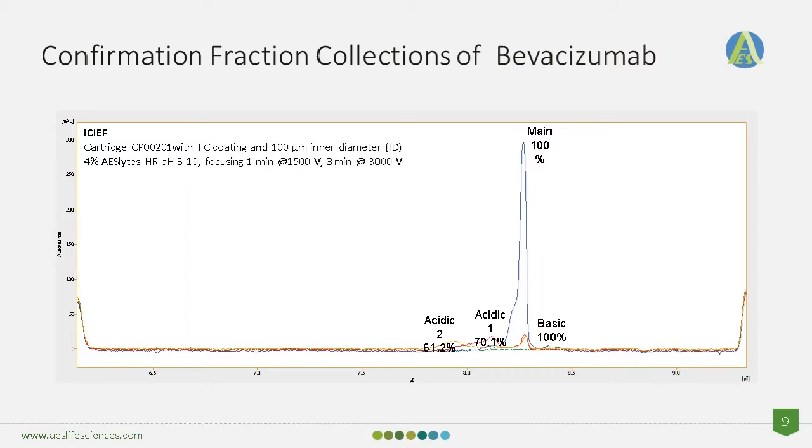You can see the basic peak, the main peak, and the acidic peak; quite pure peaks were confirmed. I won't go into much detail on the usage of these peaks, and this will be introduced by Dr. Sunksen later on.